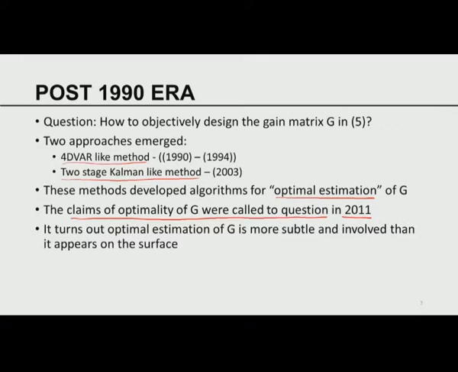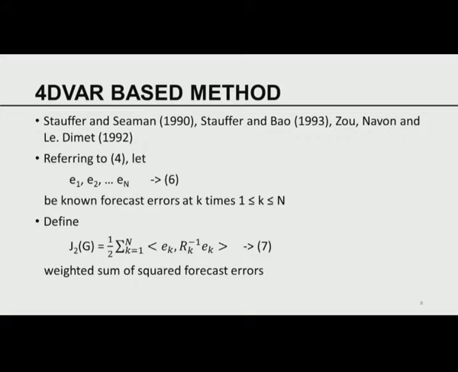It turns out the optimal estimation of G is more subtle and involved than it appears on the surface when you read the papers on 4D-Var like methods as well as two-stage Kalman like methods. We are going to talk about both the methods as well as some of the problems associated with the methods and ways to go around some of these challenges. So, 4D-Var based methods.